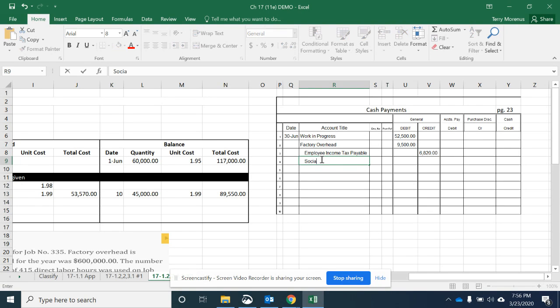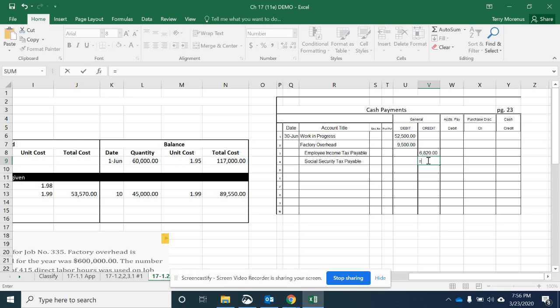Then we've got Social Security tax payable. Now, Social Security tax payable, as you know, is 6.2% of all gross wages. So gross wages would be not only work in progress, but also factory overhead. So we're going to create a little formula here.